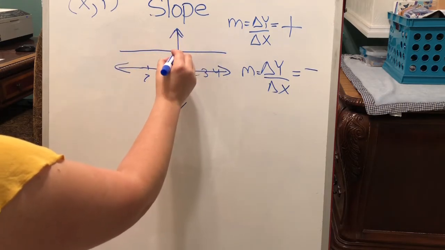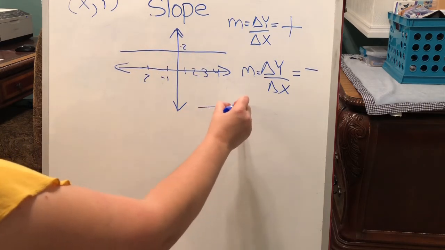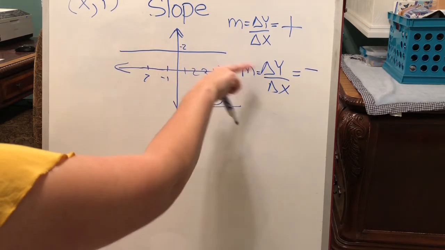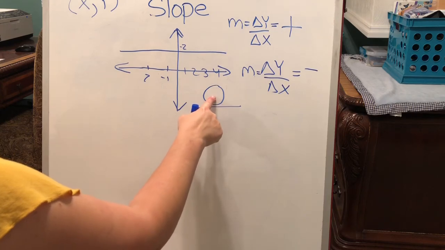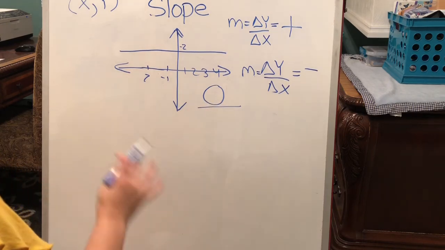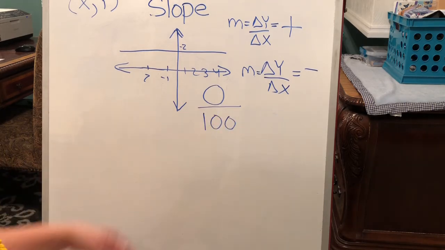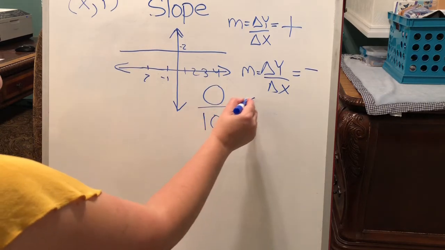Let's say this is the point -2. So you end up with no change in y. No matter how far out you go, y is always staying the same. There's no change in y, and x is changing. So let's just pick a number in the sky.